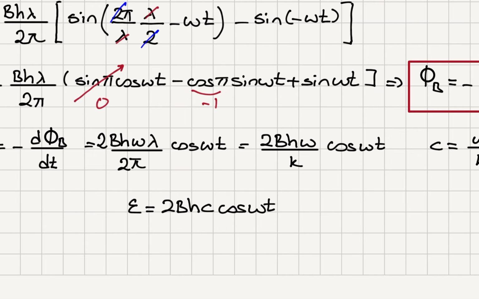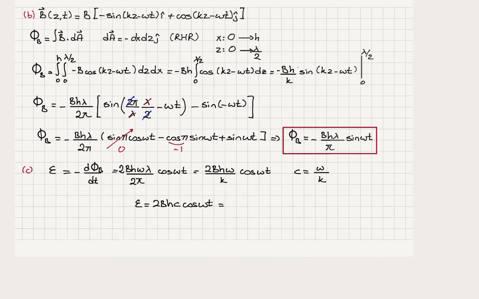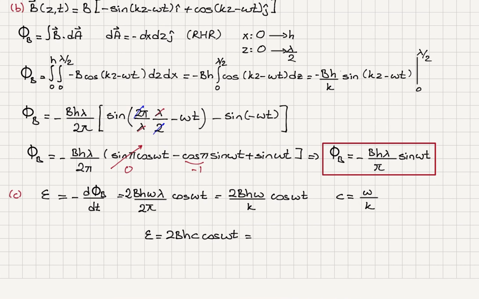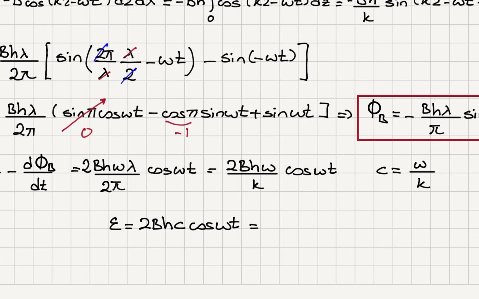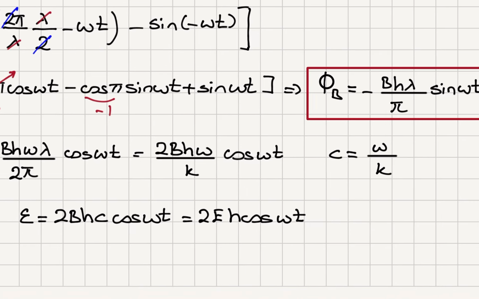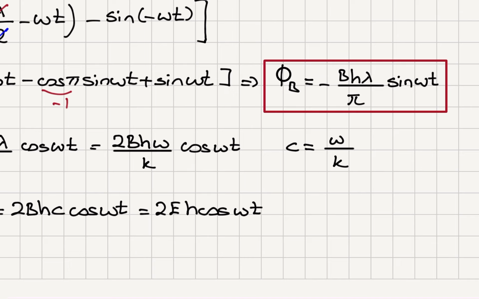And now if I go back to my answer in part A for the induced EMF, closed path integral E dot dl, 2EH cosine omega t, this must be equal to 2EH cosine omega t. So that's the answer from part A.